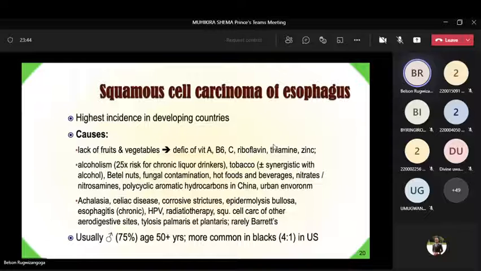include, as you see here, the causes or risk factors. They are lack of fruits and vegetables. Unfortunately, the developing countries are the ones which have the capacity to produce the fruits and vegetables, but maybe our population is not aware that these fruits and vegetables are very helpful.